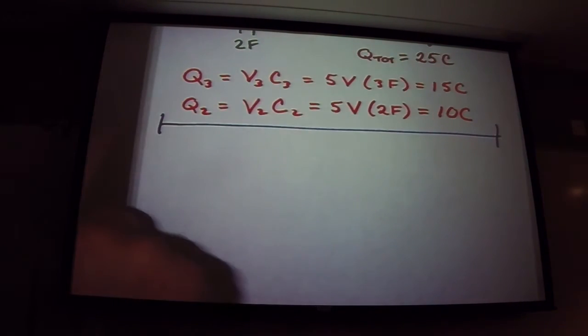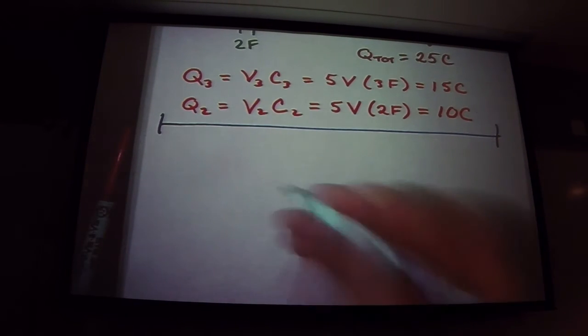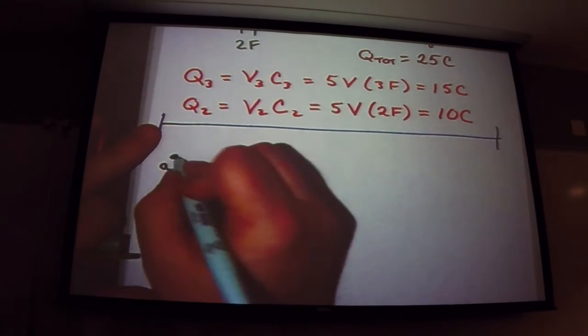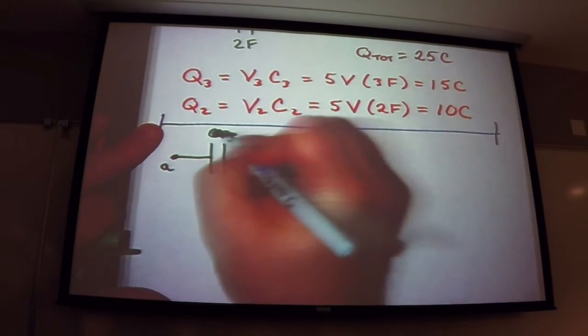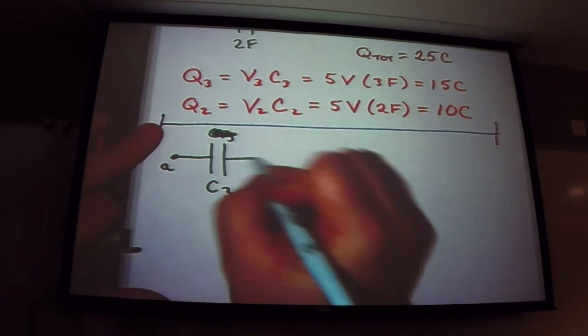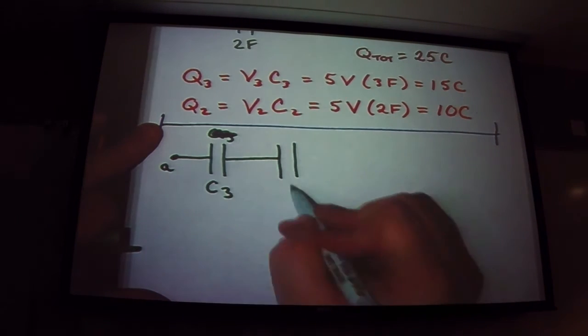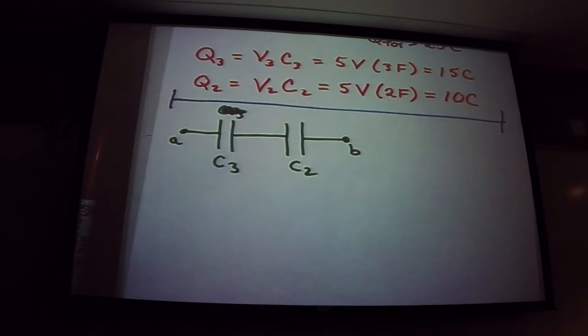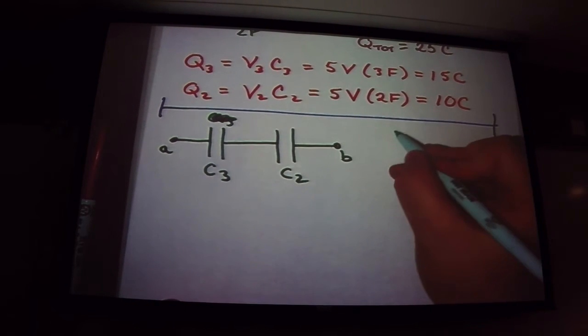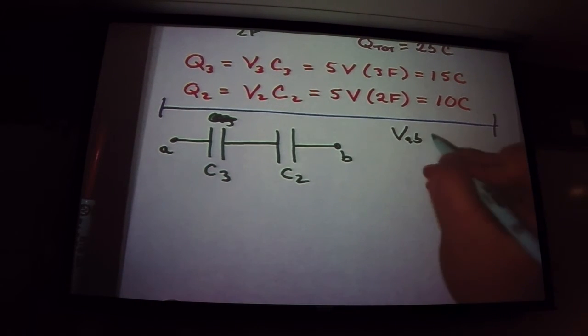We go from A to B. We put our 3 farad capacitor here, and our 2 farad capacitor here, between A and B. The question is to find the equivalent capacitance, and the voltage across the whole thing is 5 volts.